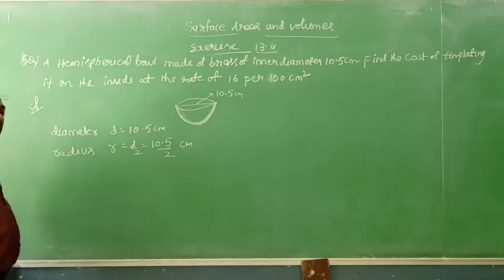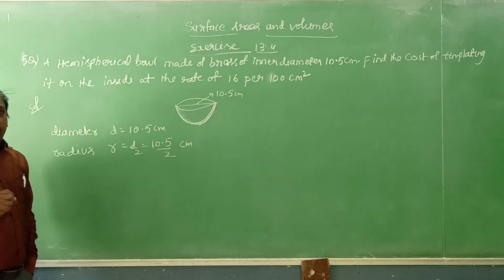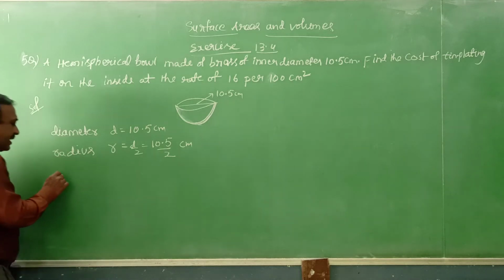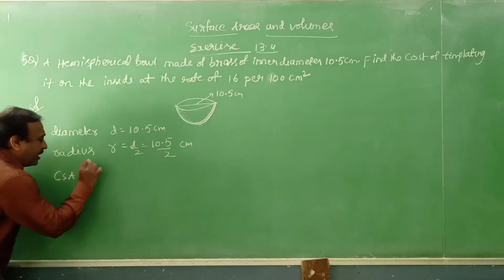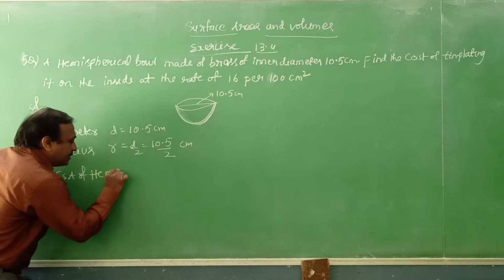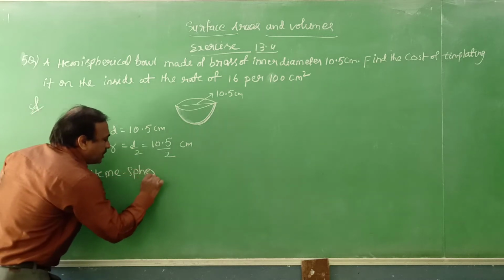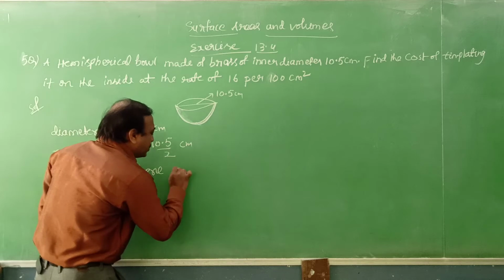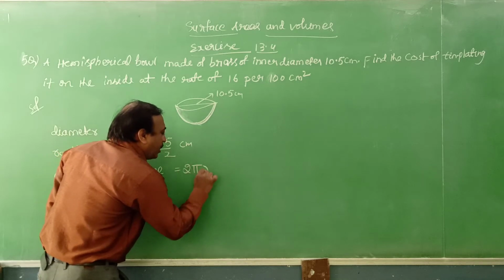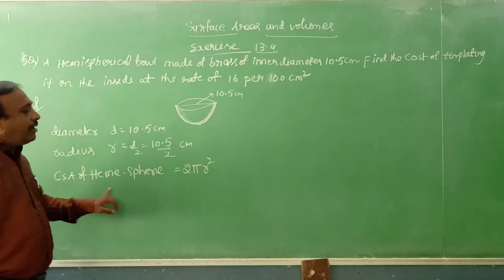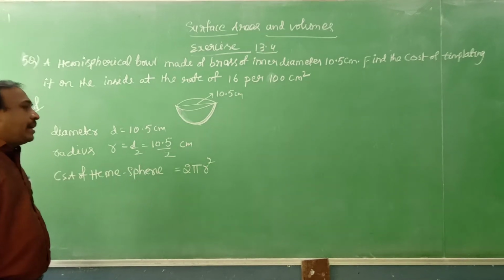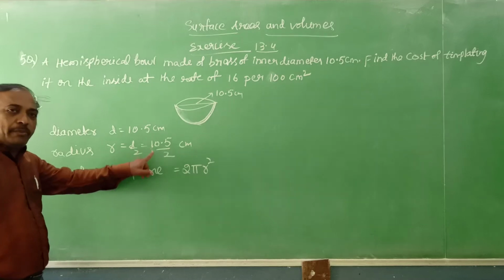Now we are calculating its curved surface area, that is CSA of hemisphere. CSA of hemisphere is equal to 2 pi r square. What is the radius? 10.5 by 2.